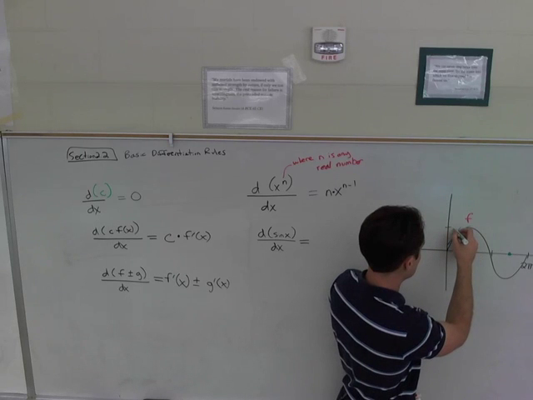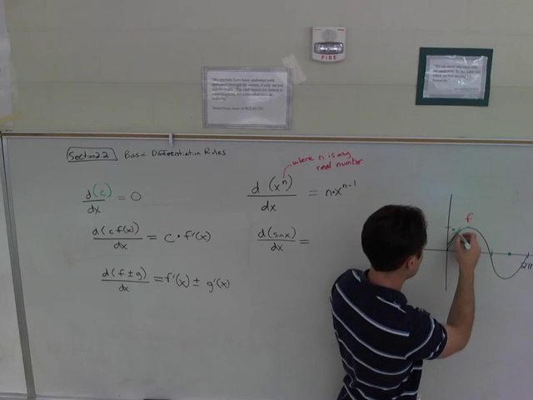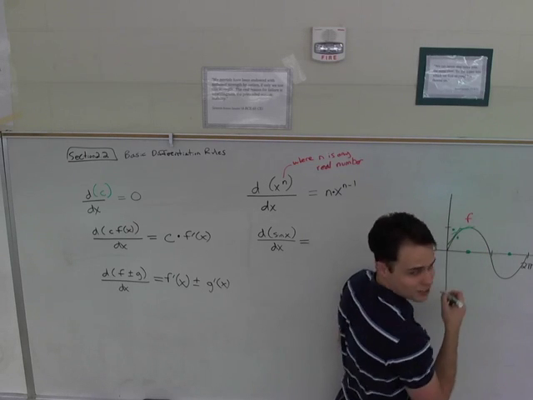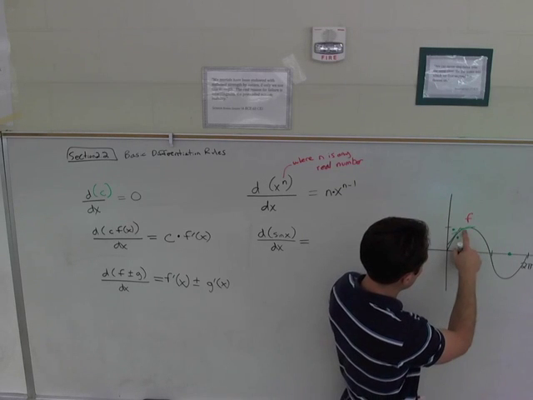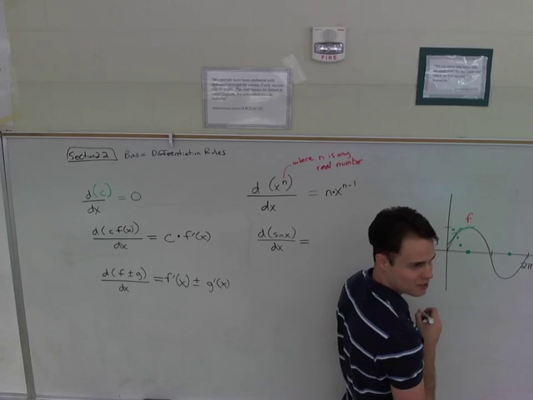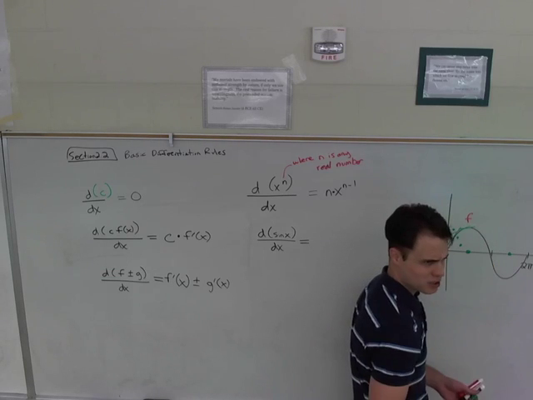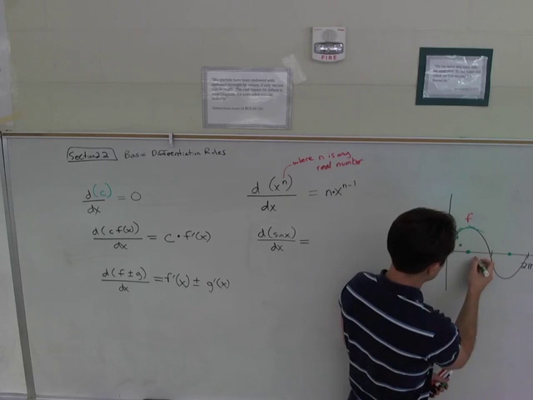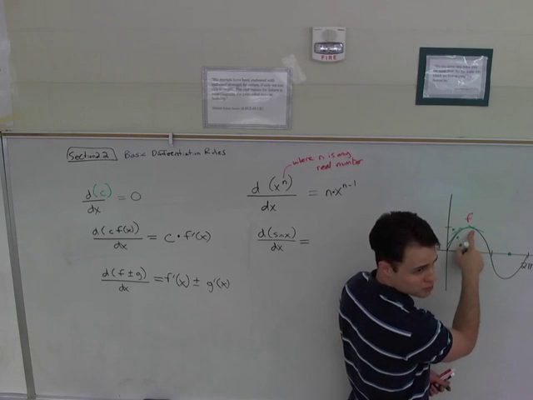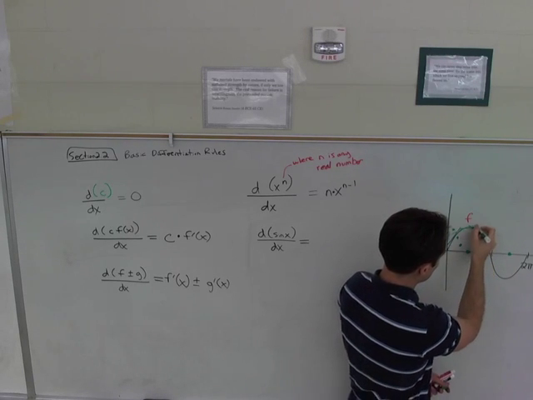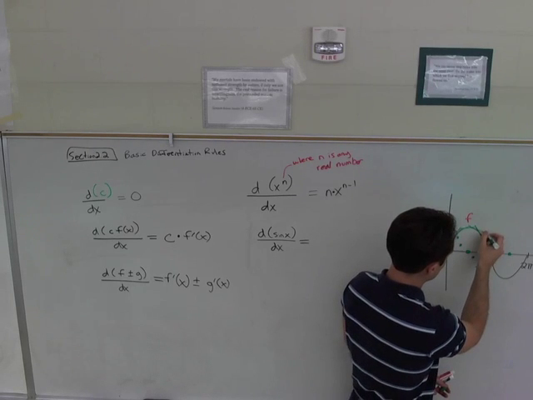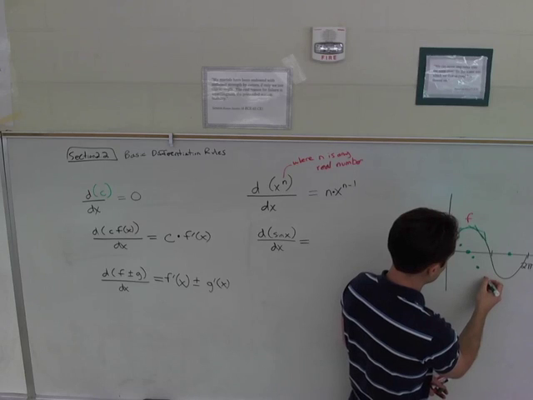So maybe it's like right here, and maybe that one's a little bit smaller, maybe it's like right there. And if we create a tangent line right here, it's shallower. Let's go create some tangent lines over here, shall we? Right here, it's going to be real shallow, so it's going to be what slope, negative or positive? Negative. Right there. We create another one, it's a little bit more negative. We create another one right here, it's a little bit more negative.